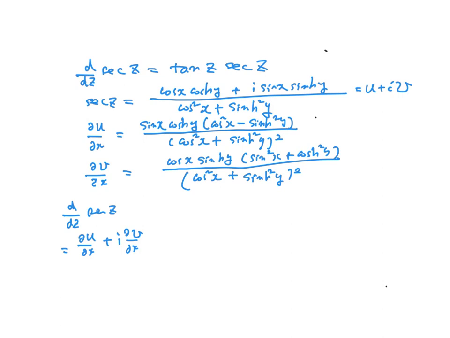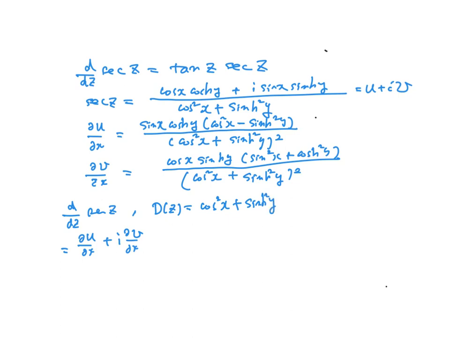I'm getting lazy, so because we have this denominator very often, I just write it down as some function d of z. So let's say d of z is cosine squared x plus sine hyperbolic squared y.